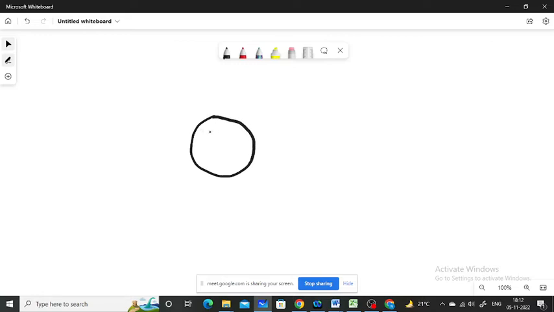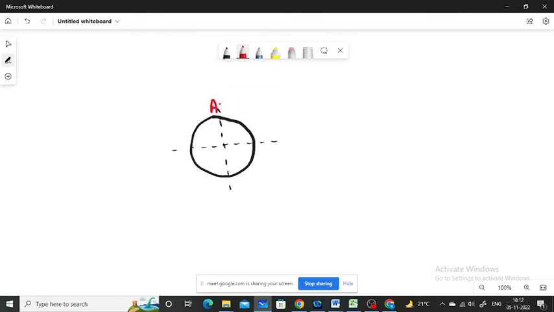Okay, this is the base circle. Firstly, A is the starting point. This is the A point.